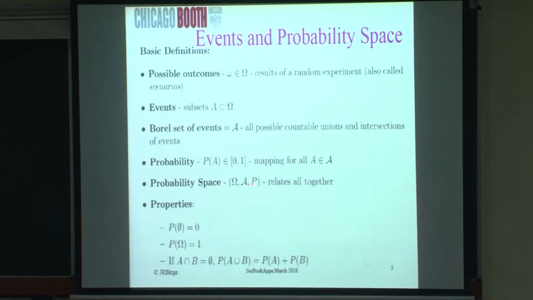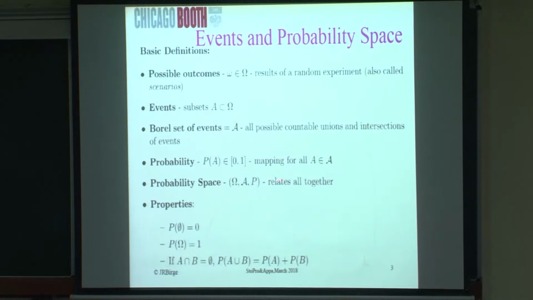Okay, so then formally, a probability consists of, well, what are all the possible outcomes? What are all the possible subsets of outcomes? And then an assignment of those subsets to a number between 0 and 1. So that's the probability space. So it's the set of outcomes, the collection of subsets, and then an assignment.